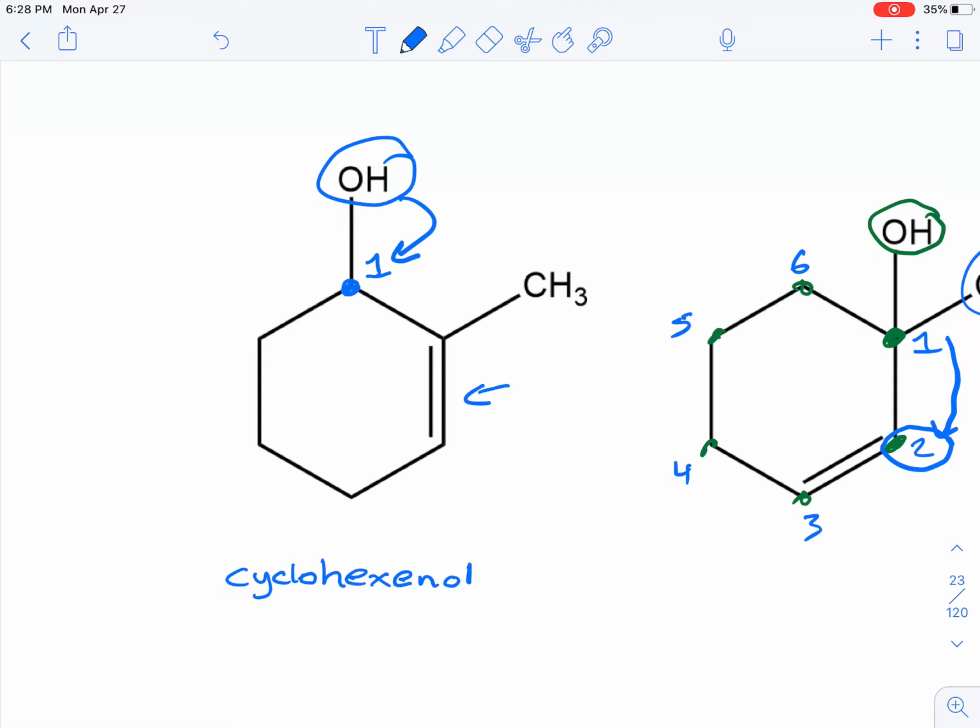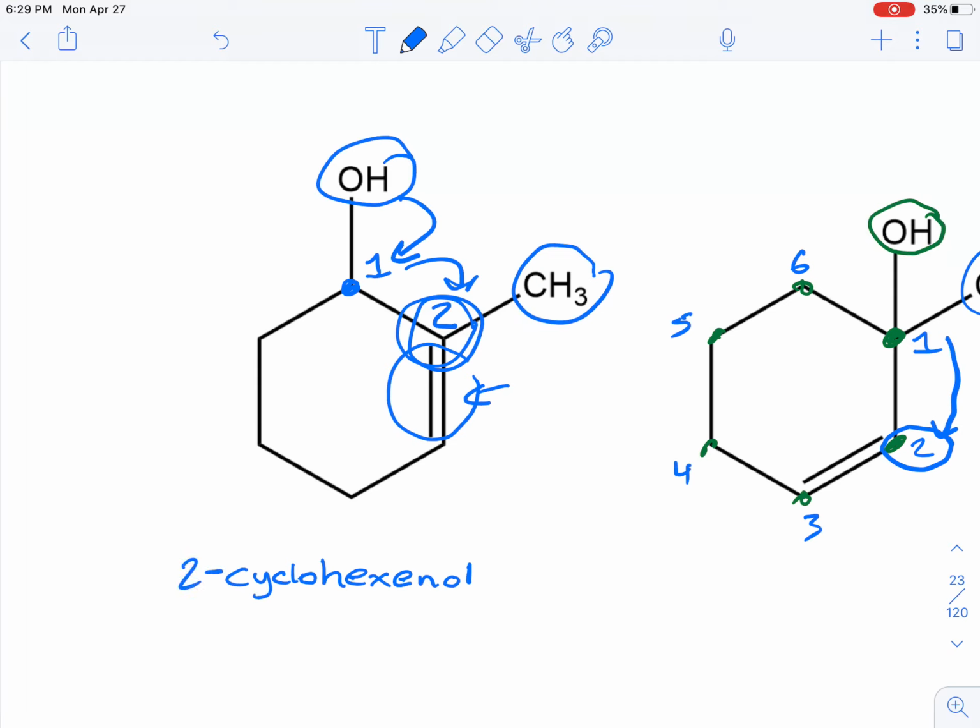However, I still need to describe the position of my double bond, and I need to describe the carbon number for my methyl. And so since the next carbon over, if I go clockwise, is carbon number 2, it would probably make sense to number my carbons clockwise. And so it looks like on carbon number 2 is where my double bond is going to start.